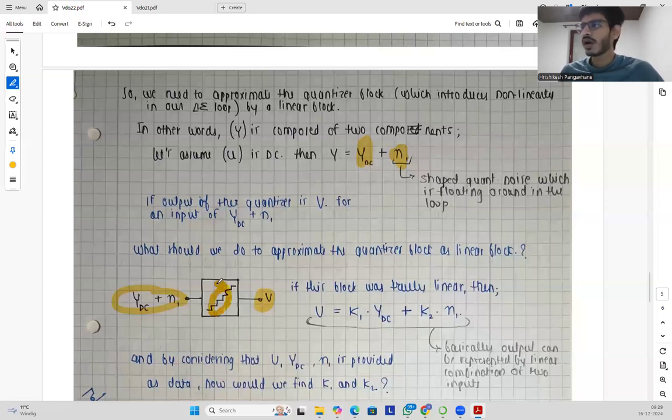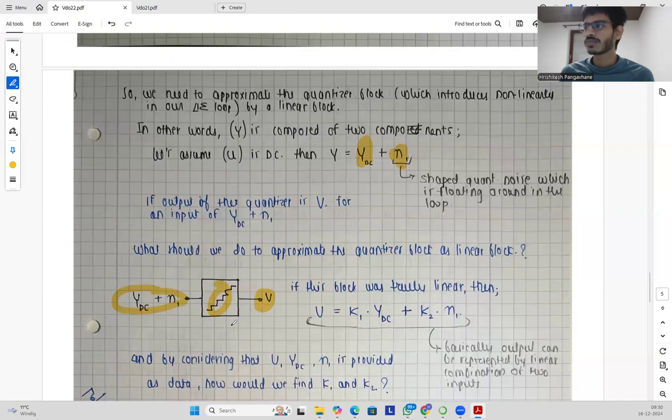And if this block was truly linear... we should do something to approximate the quantizer block as a linear block, because we cannot work mathematically in the non-linear domain. It's very hard working mathematically while dealing with non-linearity. So at some point, we have to approximate this quantizer block as a linear block.